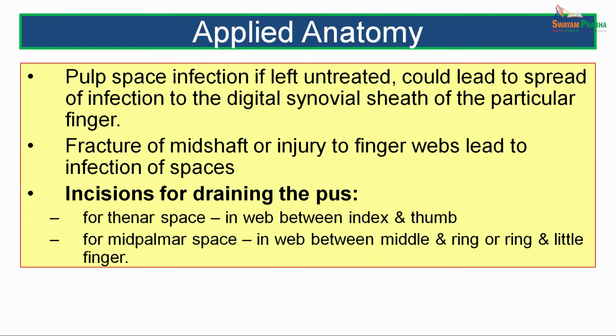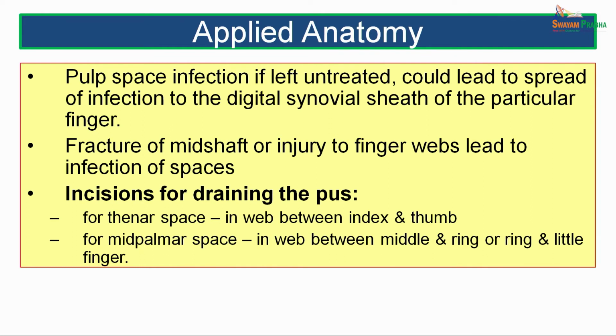For the mid-palmar space, the incision is taken in the web space between the middle and ring finger or the ring finger and the little finger. That's how the infectious pus is drained from these spaces.